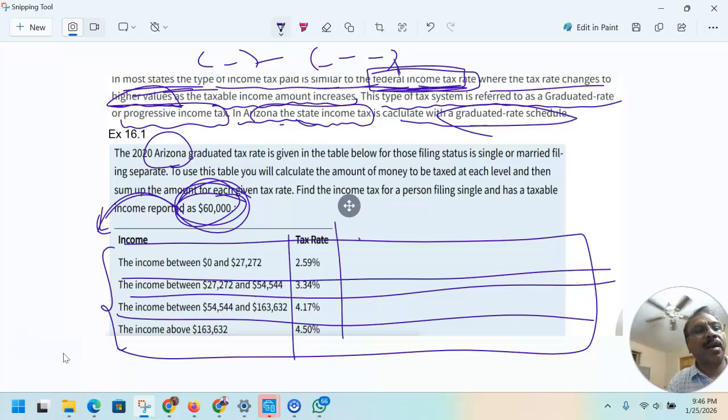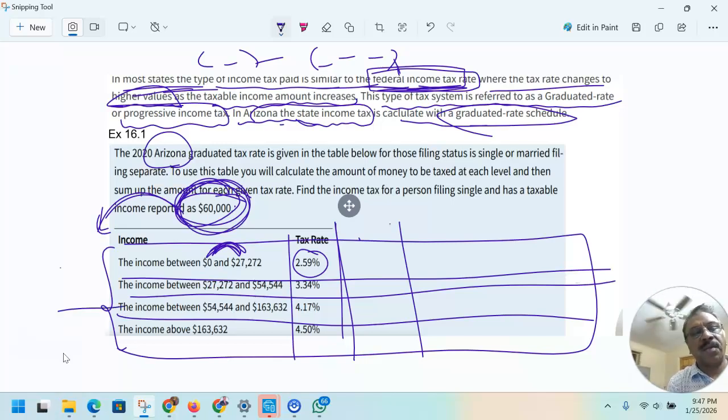Okay, the tax rate. The tax rate basically means 60,000. Now, this means anybody earning from 0 to 27 is going to pay this amount. Okay. Now, 60,000 is bigger. Which category does it come under?